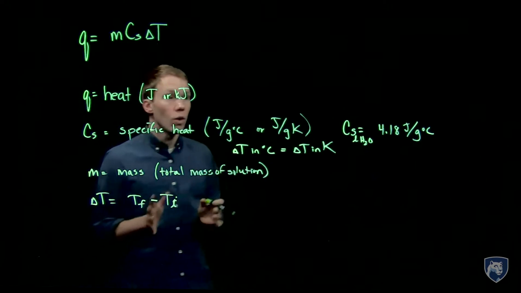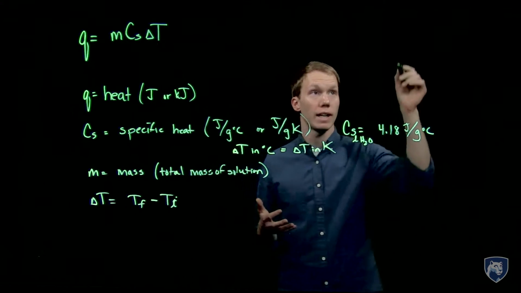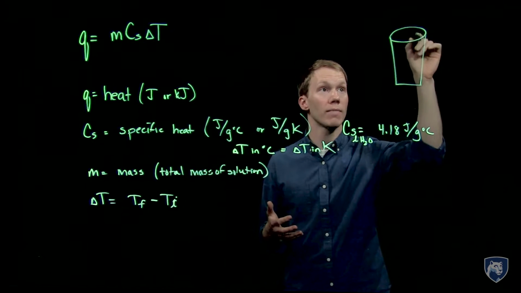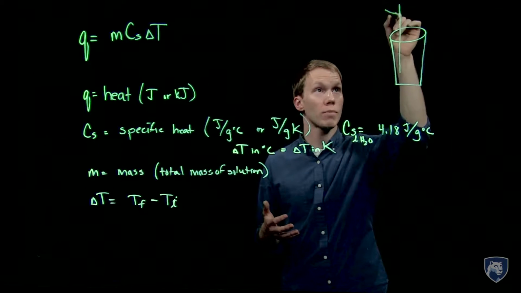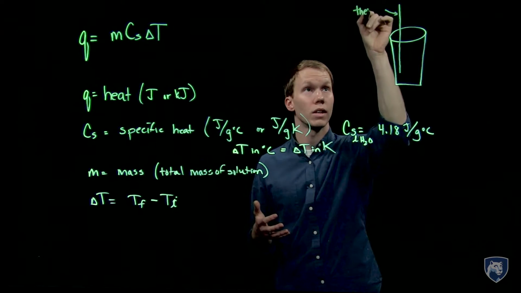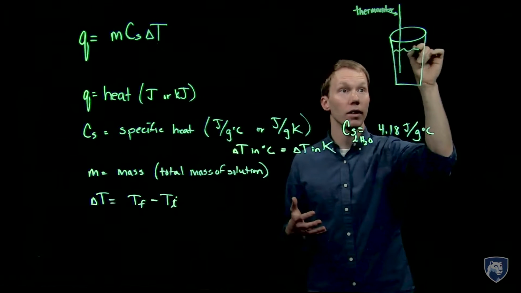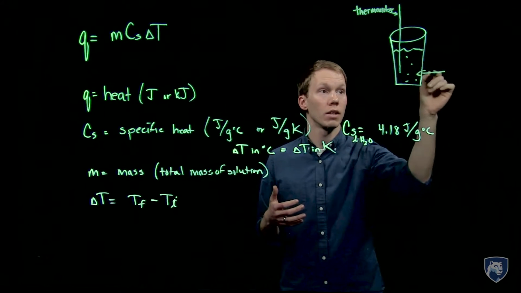Okay, now, when we are talking about calorimetry, we're often talking about measuring the change in temperature of a solution in what we call a coffee cup calorimeter. So this is my thermometer, and we have some solution in here where a chemical reaction is taking place.